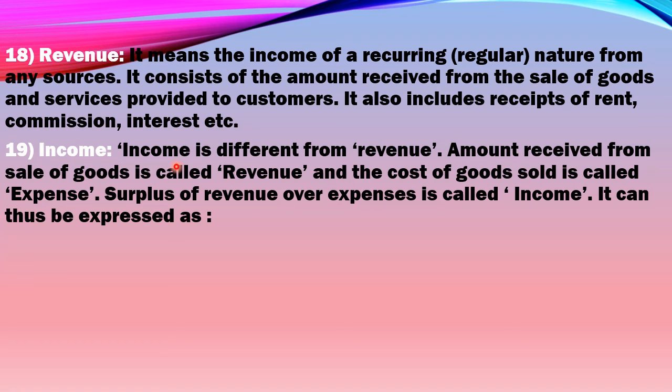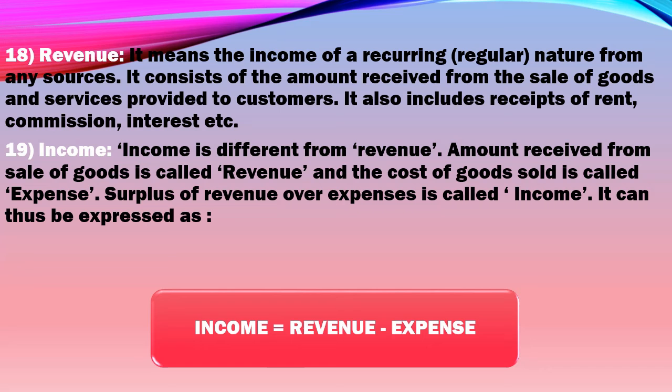After deducting all your expenses from your revenue, that is what your income is. So when anybody tells you to define revenue, you say earnings from the sale of goods and services. And what is income? Income is the surplus of revenue over expenses. So here in short we can say income is equal to revenue minus expenses.